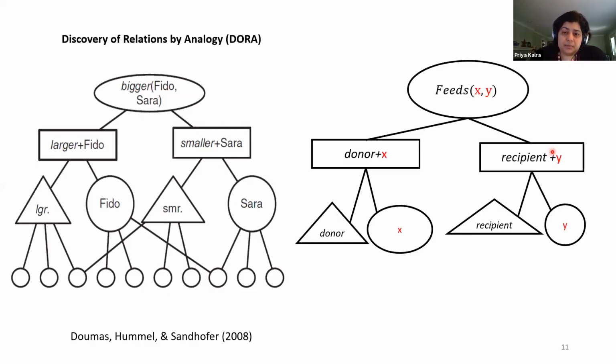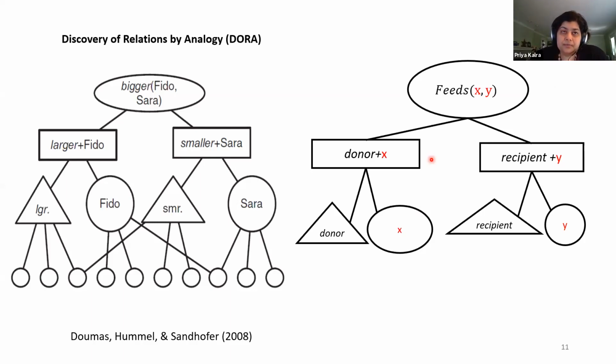But what is both great and interesting and also difficult about relations is that they can be represented abstractly, right? The idea is that you can put different entities or different arguments into these roles. So you can actually represent the relation abstractly without particular entities.